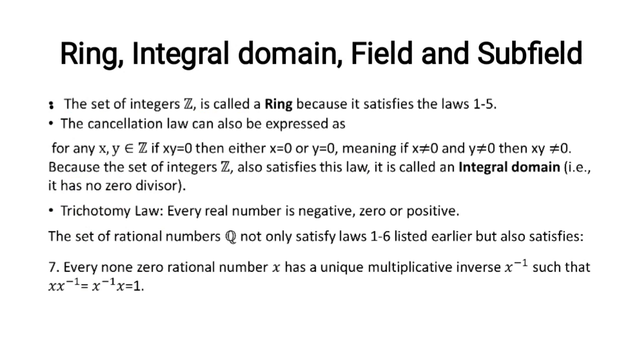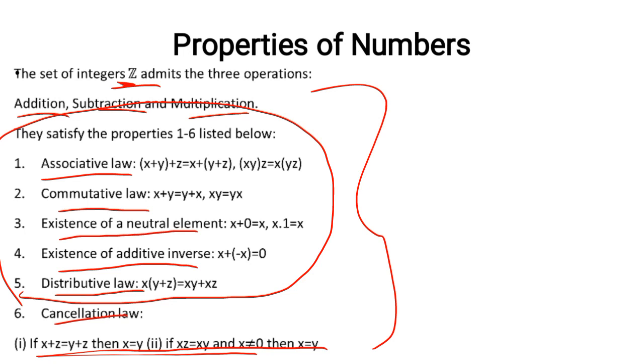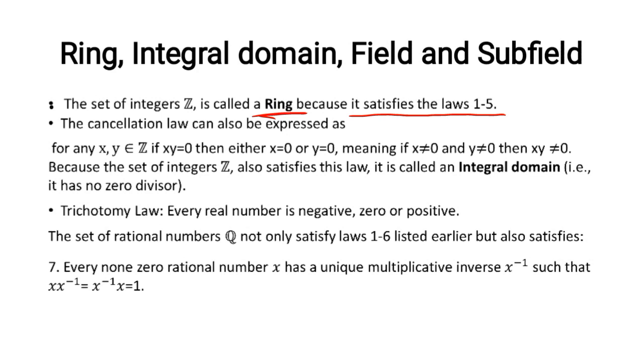Now, the set of integers is called a ring because of the laws 1 to 5 that they satisfy. Remember, 1 to 5, that's all of these 5 laws. Once they satisfy these 5 laws, they are called what? They are called rings.